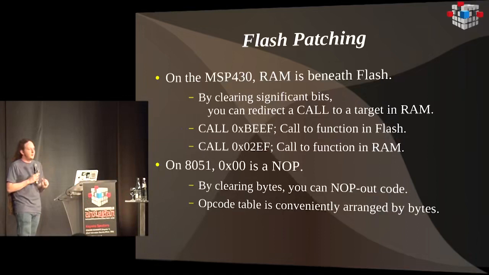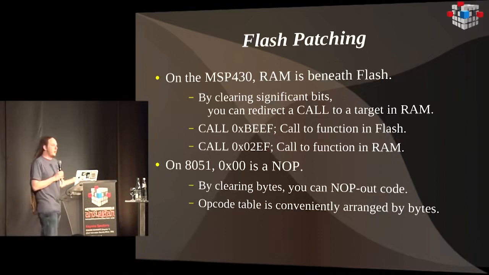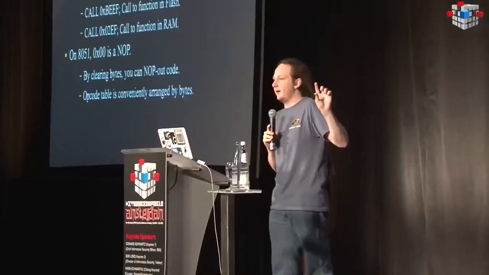So you can clear significant bits of an immediate address to change the destination of a call instruction to move it from Flash memory to RAM. For example, if you've got a call to BEF, you can move that to a call to 02EF by clearing bits in the upper word. And 02EF is within RAM. So this allows you to move a function pointer to point into a buffer that you control.